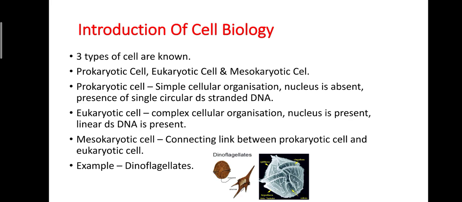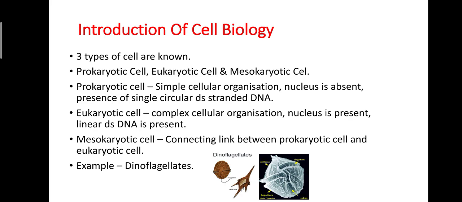In prokaryotic cell, nucleus is absent, but in eukaryotic cell, nucleus is present. In prokaryotic cell, double-stranded DNA is present, but it is single and circular. And in eukaryotic cell, double-stranded DNA is present, but it is complex and linear. So this is the main comparison between the prokaryotic cell and eukaryotic cell.